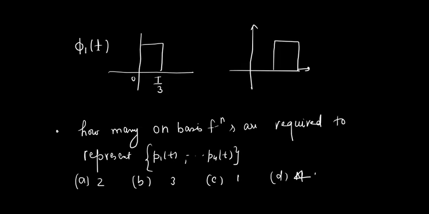How many of you say A? How many of you believe it is 2, 3, 4, 5? Can it be 5? There are 4 waveforms, so can it be more than 4?